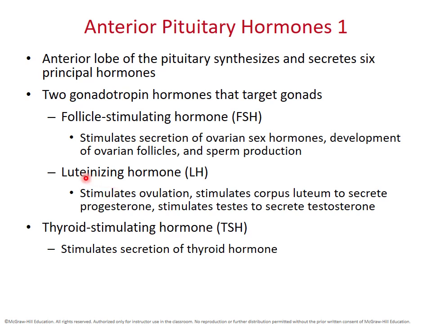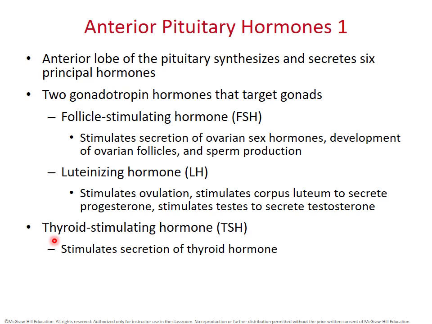And then again, luteinizing hormone also has an effect on males. Its primary effect in males is to stimulate the secretion of testosterone from what are called interstitial cells in the testes. So two of its hormones clearly have regulatory effects on the gonads.